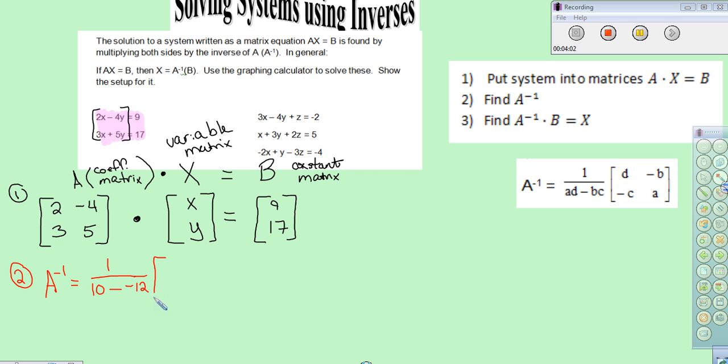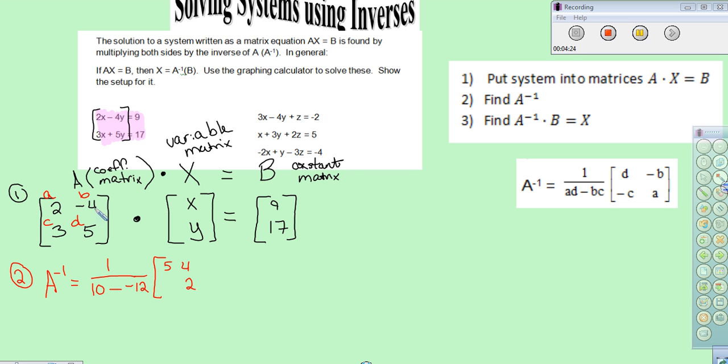We take that and multiply it times this new matrix where we switch a few things around. Remember, this is our A, this is our B, this is our C, and that's our D. When we flip things around, our D becomes up here, and our A moves down here. Our B and C do not change spots, they just change signs.